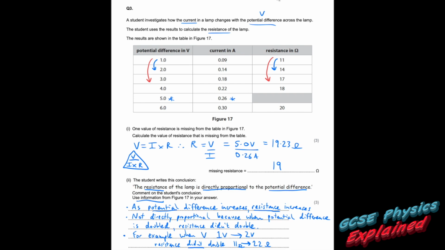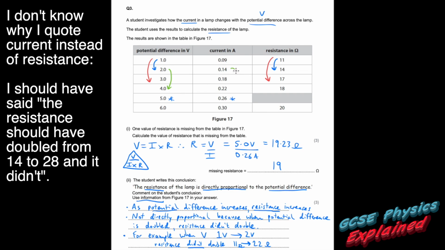And by the way, you could have picked any values. If I had chosen 2 volts doubling to 4, 0.14 should have doubled to 0.28, and it didn't.